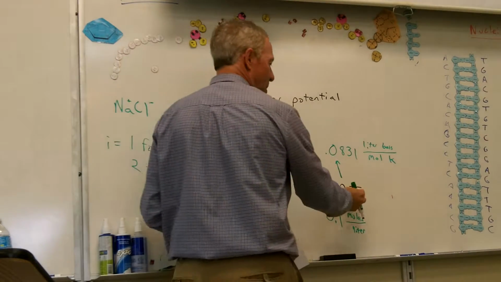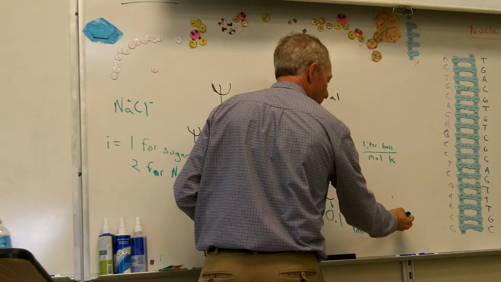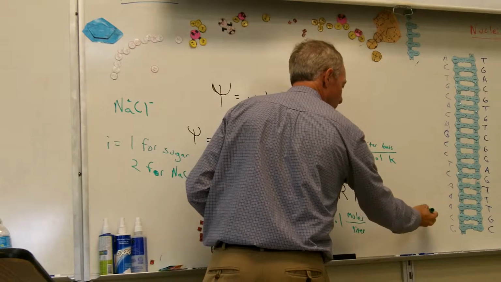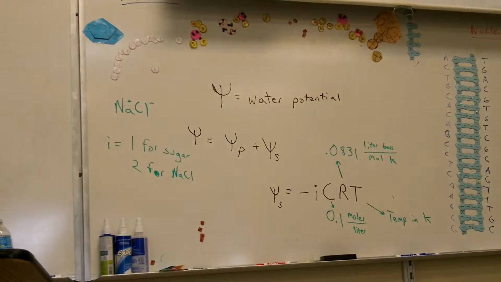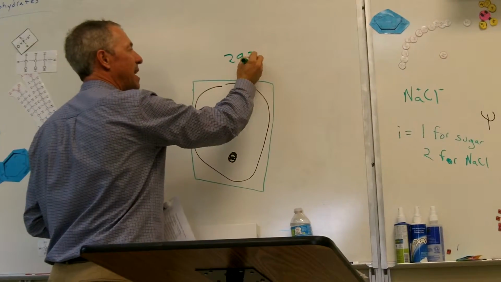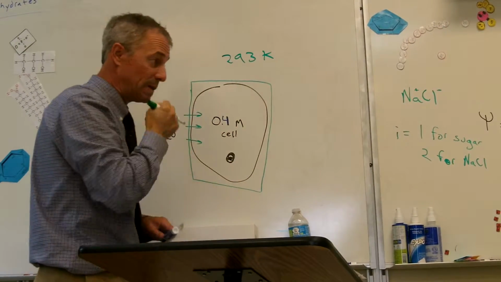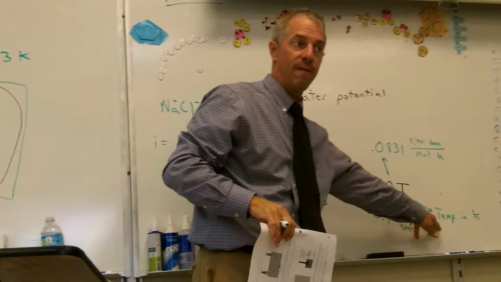And finally, the temperature. T is the temperature in Kelvin. They'll give that to you in the problem. If we say that this is operating at 293 Kelvin, then you plug in 293.